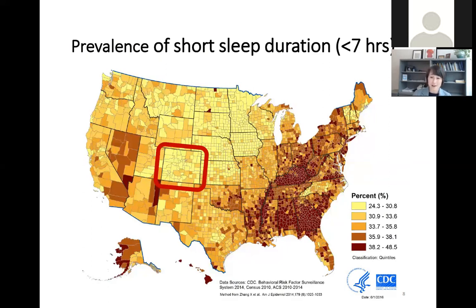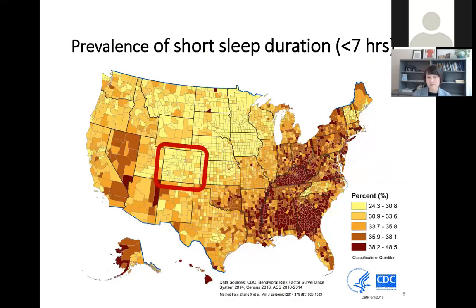Well, then you have certain neighborhoods with lots of light coming in through windows, not allowing people to get good sleep. Access to all of the other things that we think about with health disparities, healthcare, good food, ability to exercise, all of these types of things are also associated with sleep as well.